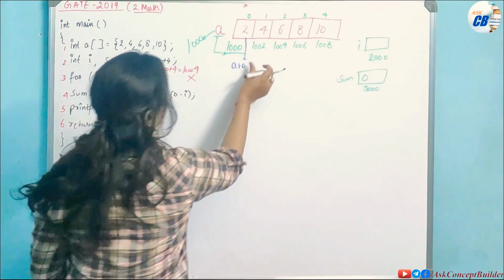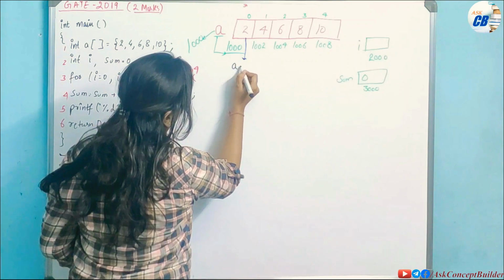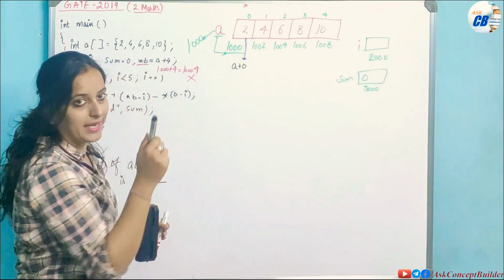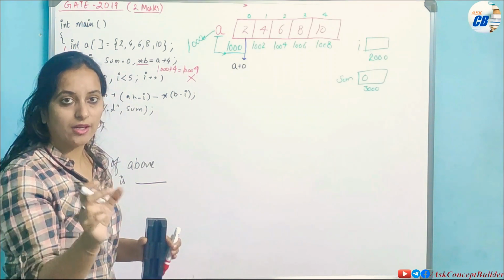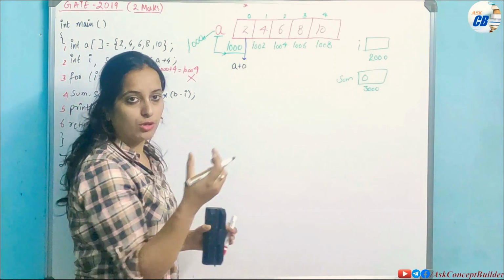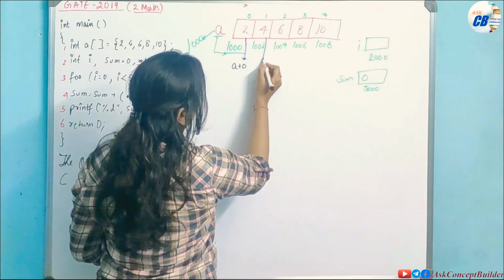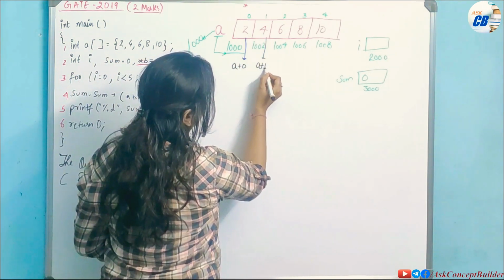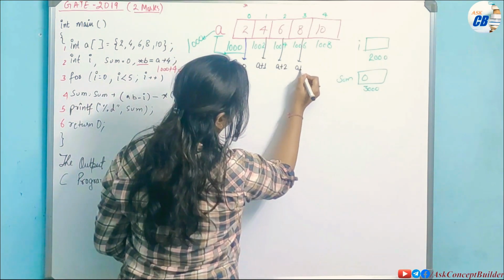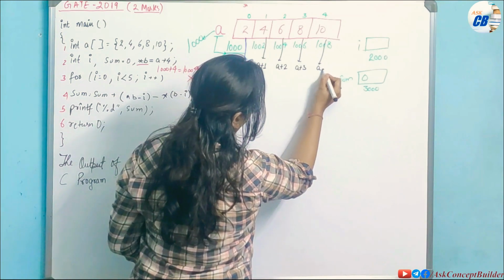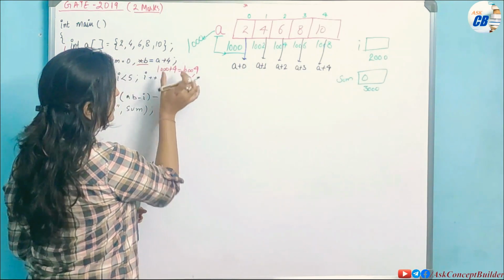Because see, the first element, what I told you, the address of the first element of your array is the address of the array only. So a plus 0 equals a only, so a's address is your 1000, okay. Then we can say this is a plus 1, this is a plus 2, this is a plus 3, and this is a plus 4.